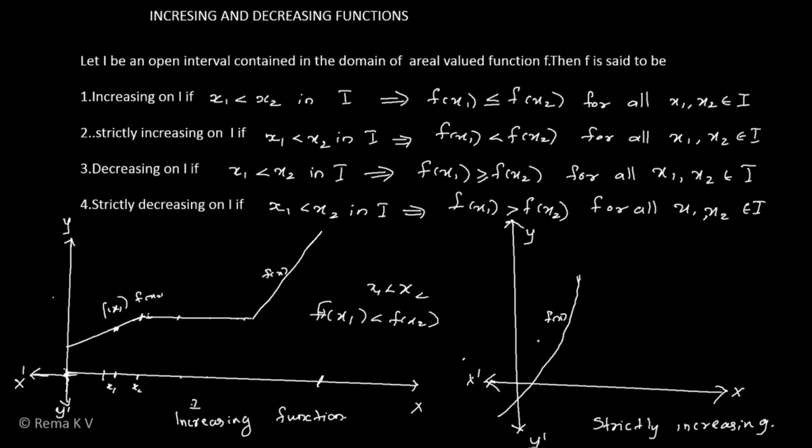And now let us see this graph. If we are considering an interval I, and consider any two points, one is the origin and the other one is this, x2. Then from the origin to this point x2, this is x1. Here the graph, f of x1 is this point, f of x2 is this one. So f of x1 lies below f of x2.